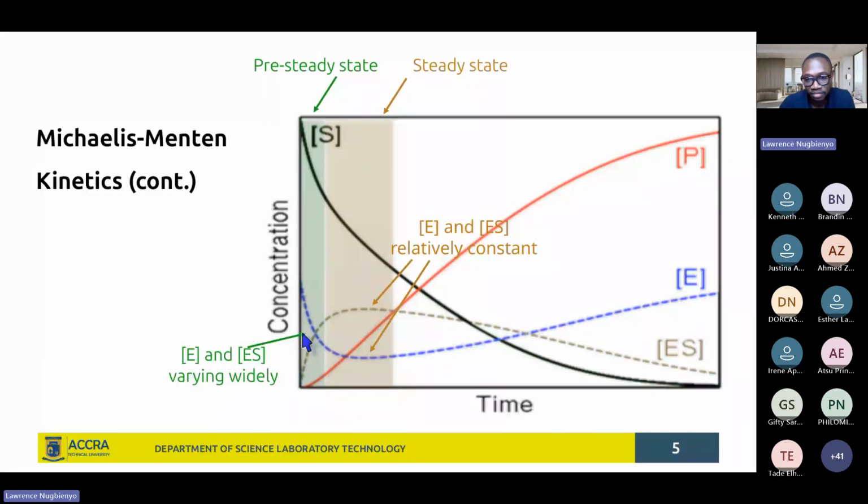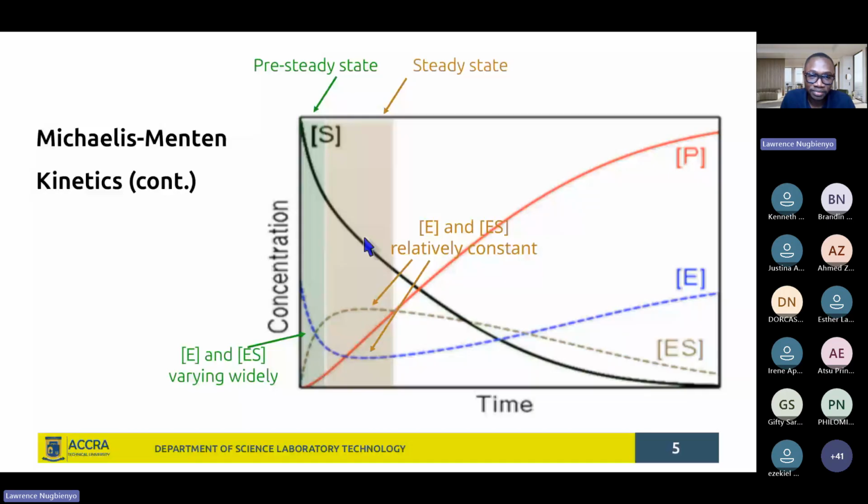He just looked at the reaction proceeding over a period of time, looking at substrate concentration, and developed an equation out of that. But it didn't take into consideration all of these stages that we are looking at.